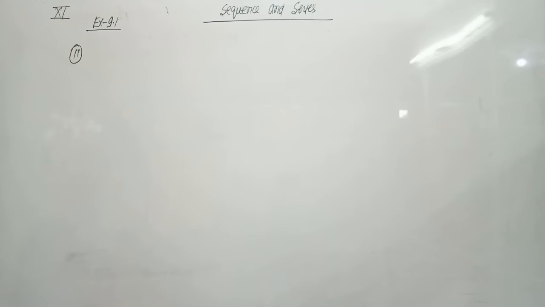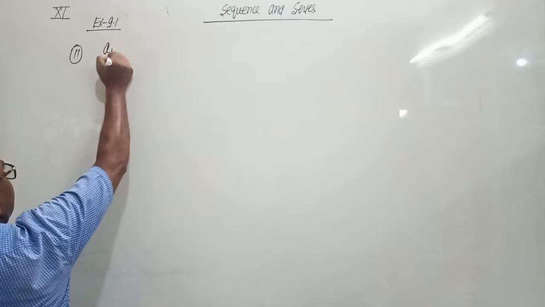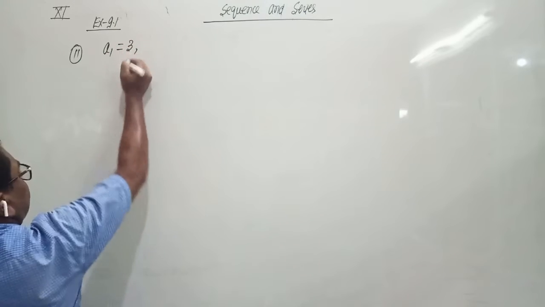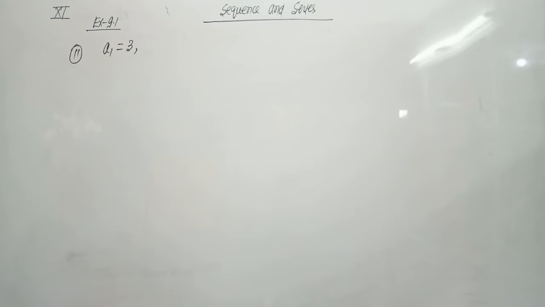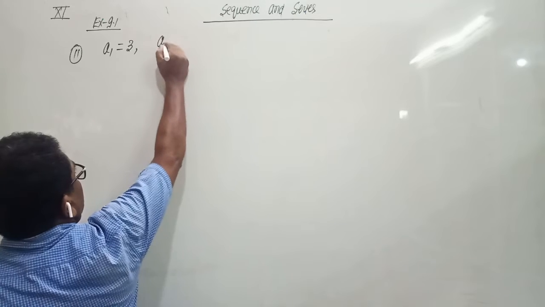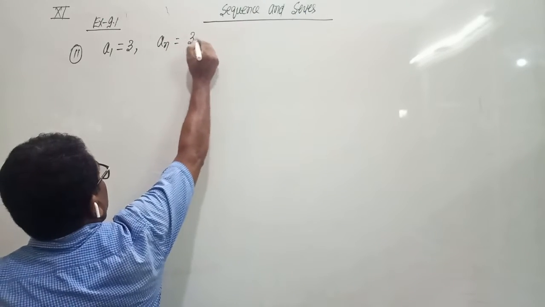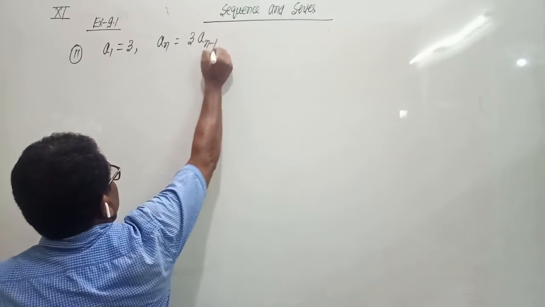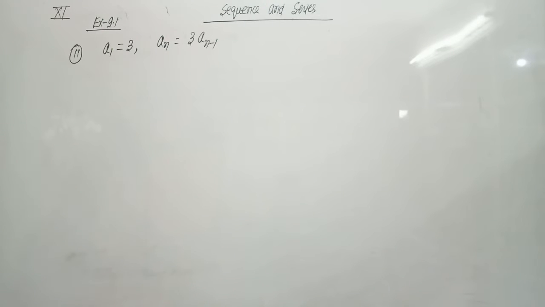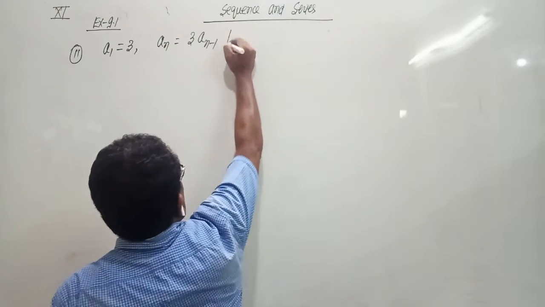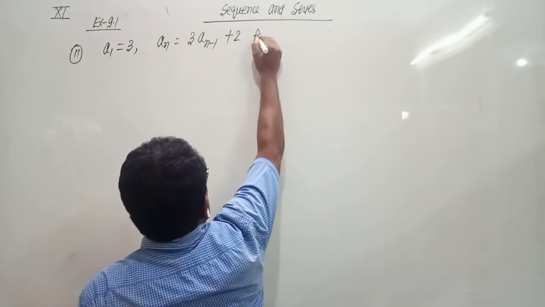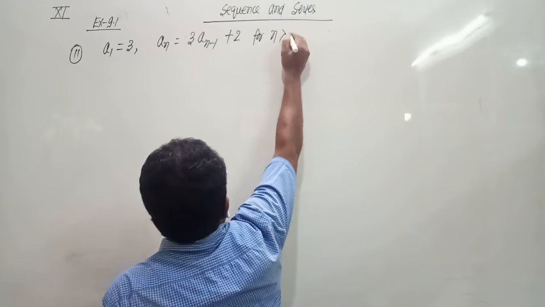We have given A1 equals to 3, the value of A1 equals to 3, and An equals to 3 into An minus 1 plus 2 for n greater than 1.